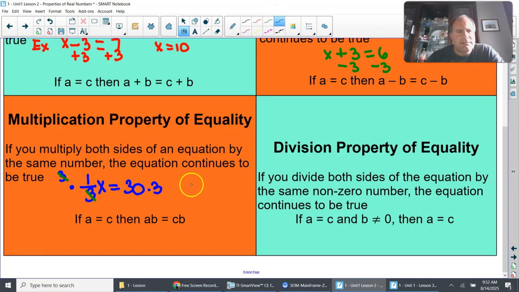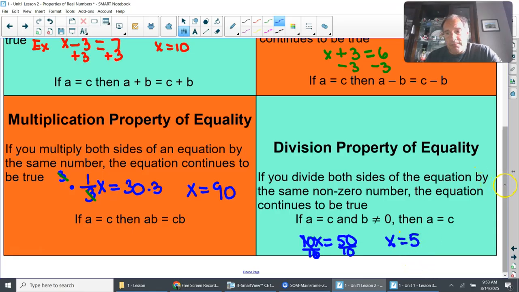And now x comes down alone. You isolated that x, and 30 times 3 is 90. That is multiplication property of equality. Division property of equality is simply 10x equals 50, and you divide by 10 on both sides. 10's cancel, and then x equals 5.